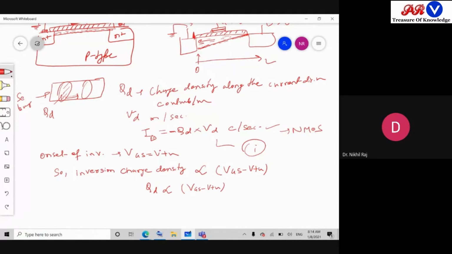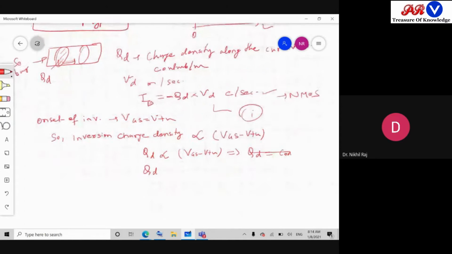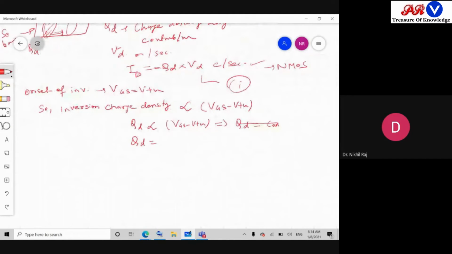So we can say the inversion charge, let's say QD, will be proportional to Vg minus the excess voltage Vg minus VTH. And since this charge is due to the oxide capacitance, further I can write this as QD equals to Cox. Better to write here. So QD will be, we know Q equals to CV. Using this principle, we can write QD equals to Cox into VGS minus VTH. And what is Cox?